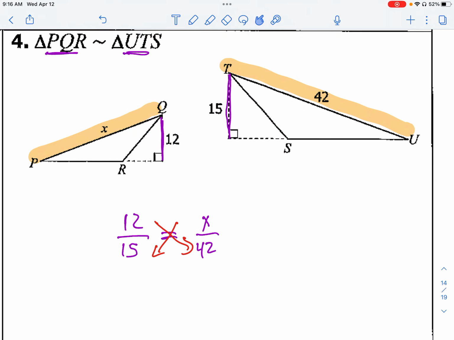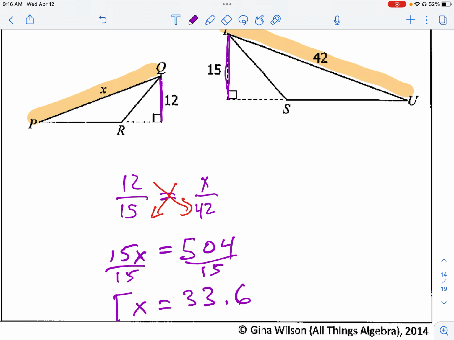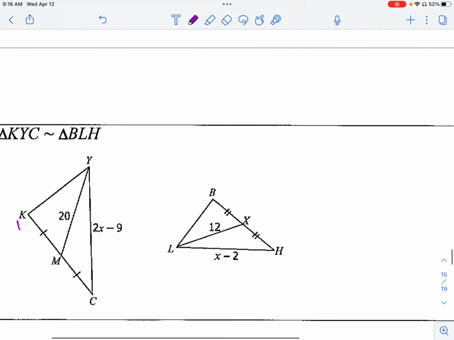We cross multiply. We have 15x equals 504, divided by 15. And we're going to get an odd number, but that's okay. So x equals 33.6.